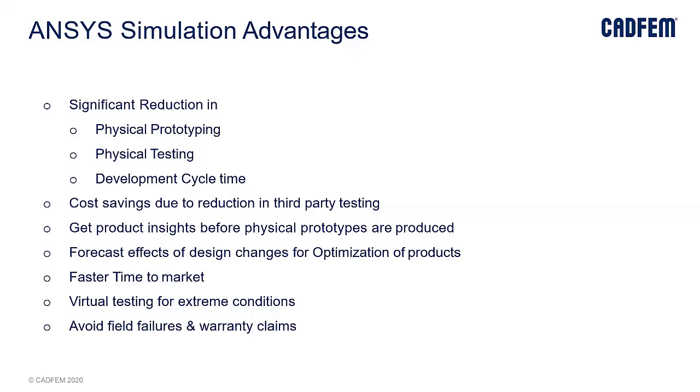So all of these things will reduce the development life cycle, and we can easily go for the time to market. It can reduce the amount of money you are spending on physical prototyping and physical testing, and the human effort is also reduced. Apart from these things, you can test a lot of designs and do optimization of the products.